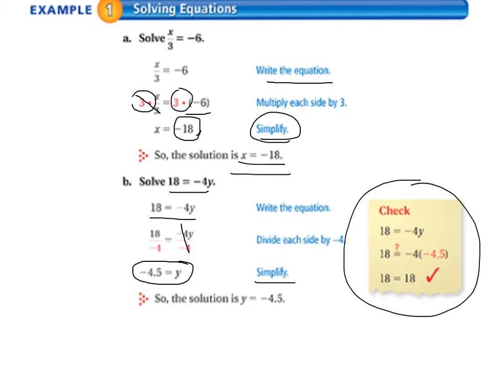We plug a negative 4.5 in for the y, and we multiply negative 4 times negative 4.5, and we get a positive 18. And 18 equals 18, so that's correct.